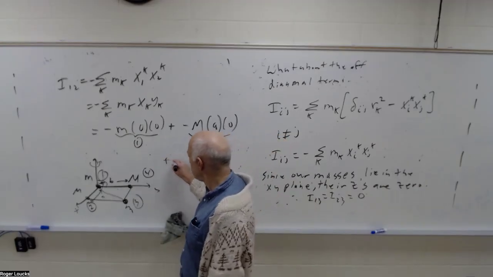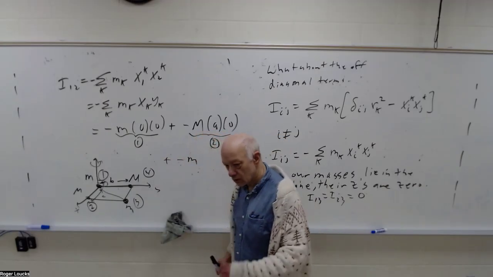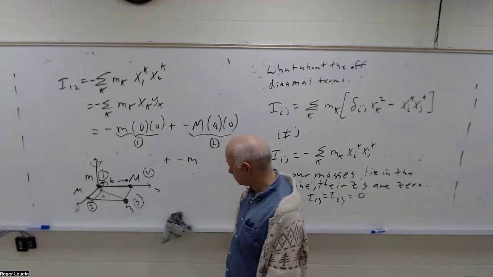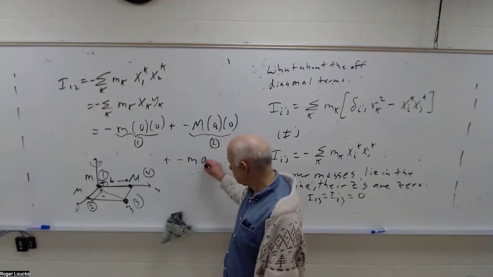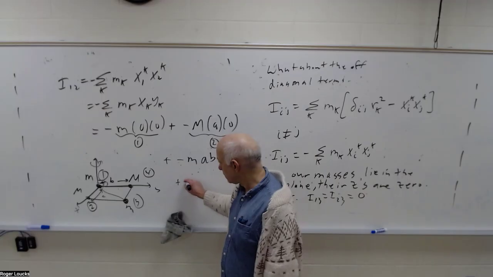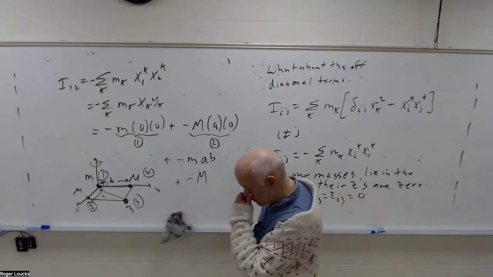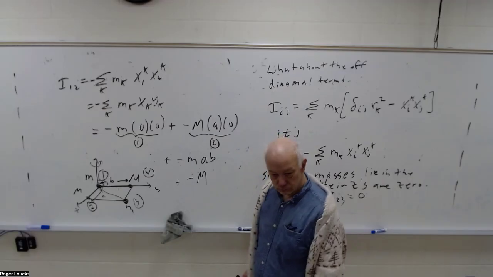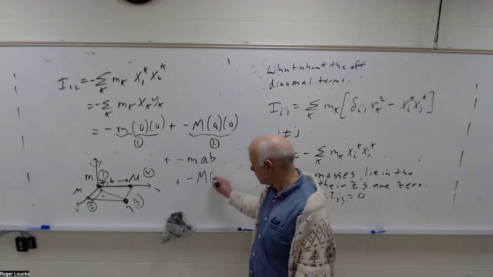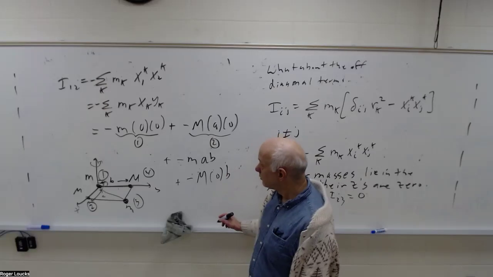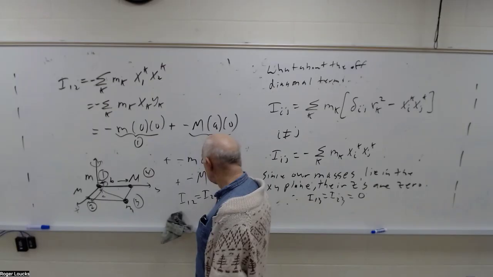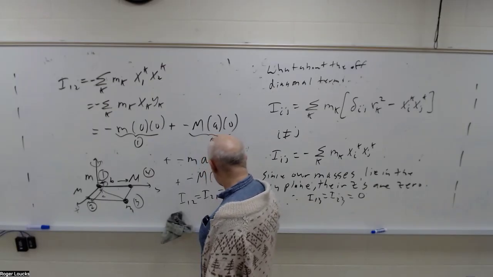Let's do my third guy, minus little m, A times B, AB. Plus my fourth guy, minus m, 0 times B. So my I12, which is the same as I21, is minus little m AB.